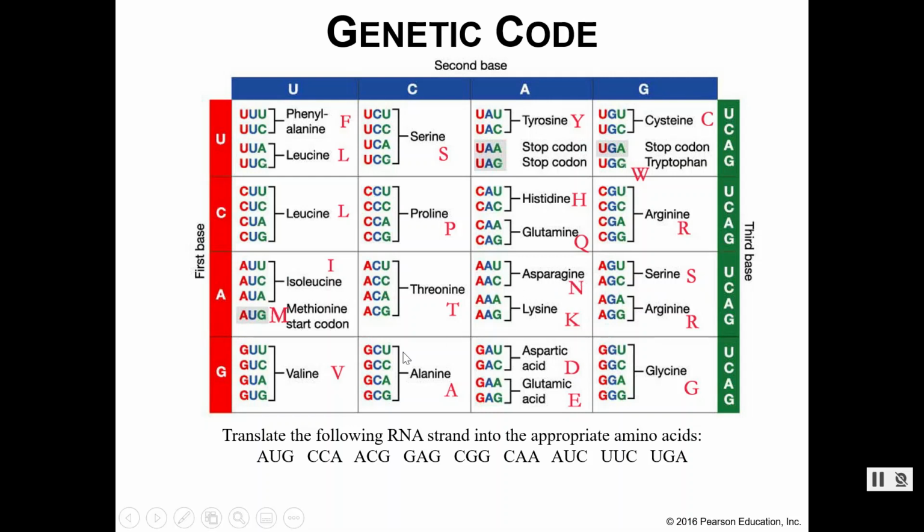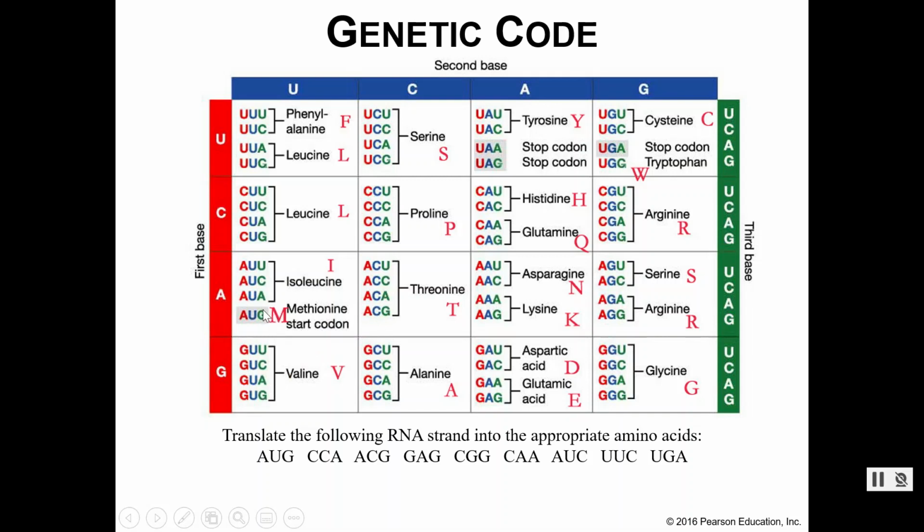Then we move to our second letter, which is a U. We're staying in this row, but we have to go up top and find our U. Where the A and the U meet, we have narrowed it down to this box. And then we have our third letter, which is G. You could go all the way back to the third side, find the G, go all the way over, and hope your finger doesn't move and you end up in the wrong box.